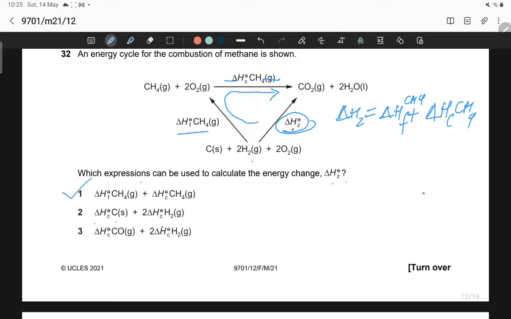Delta Hc of solid carbon plus 2 moles of delta Hc of H2 is also correct. Carbon monoxide changing into carbon dioxide is incorrect, it's not valid. So 1 and 2 are correct.